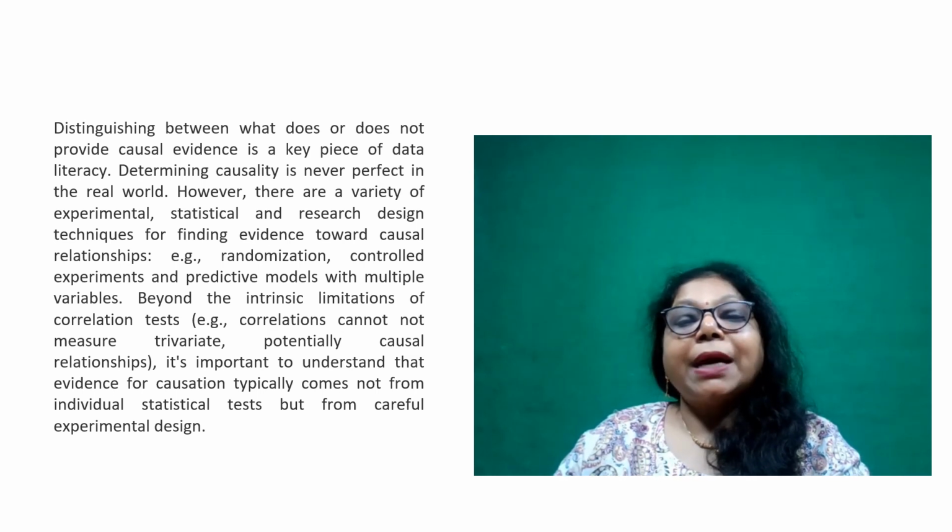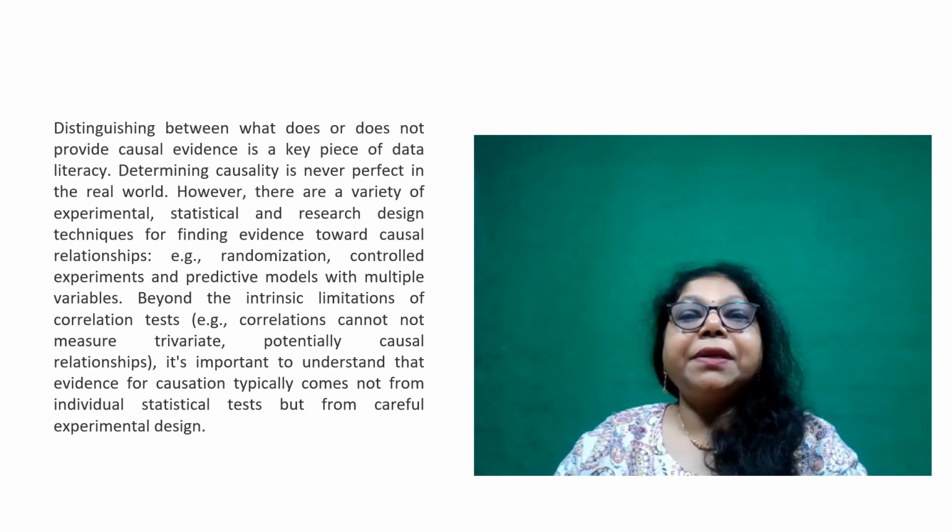Examples are randomization, controlled experiments, and predictive models with multiple variables, and beyond the intrinsic limitations of correlation tests, that is, correlations cannot measure trivariate and potentially causal relationships. So it's important to understand that evidence for causation typically comes not from individual statistical tests but from careful experimental design.